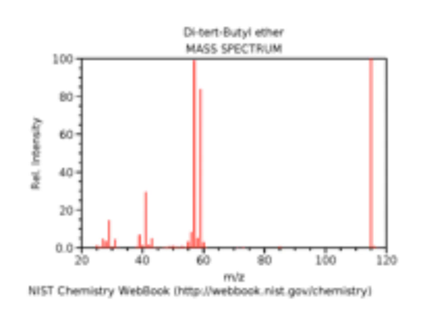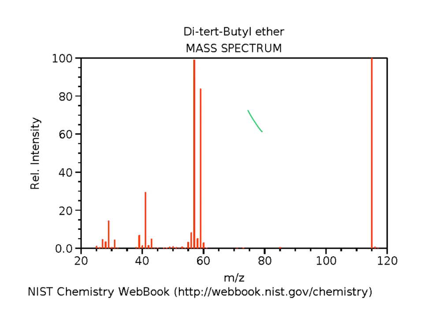All right, so this is di-tert-butyl ether. The molecular ion of this should actually be, I think, at 130.